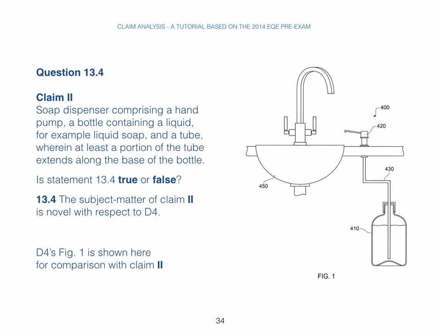So you have to make up your mind whether Claim 2 is novel over D4, true or false, and then we will go to the examiner's answers for question 13.